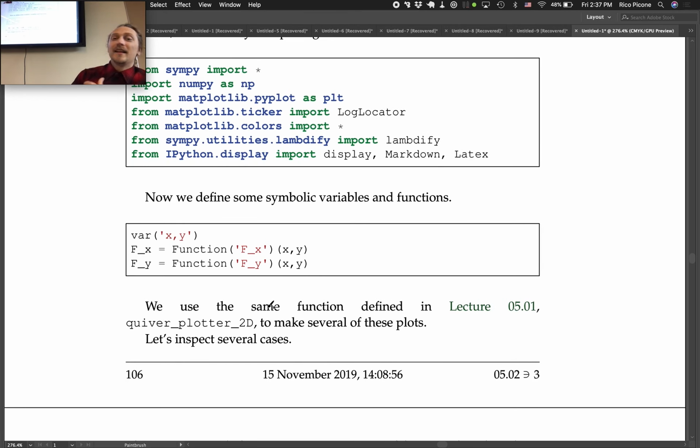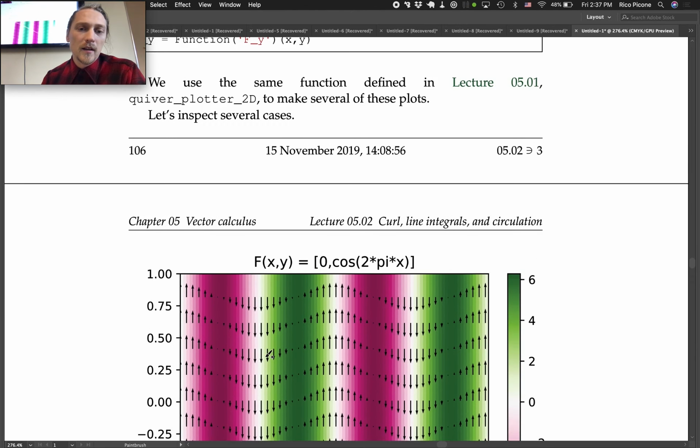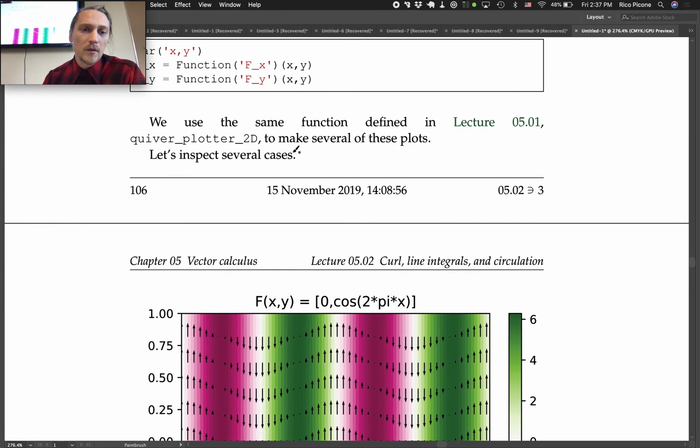Okay, so same sort of setup as previous lecture, where we have a symbolic Python notebook here, and we're going to use the same function, quiver plotter 2D, from lecture 5.1.